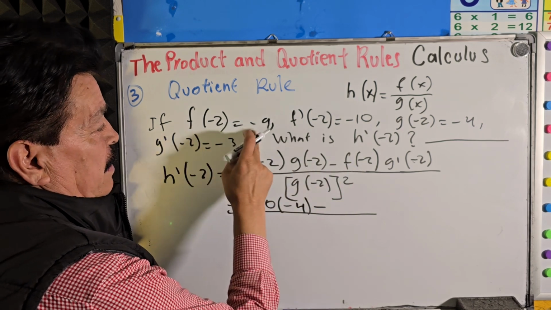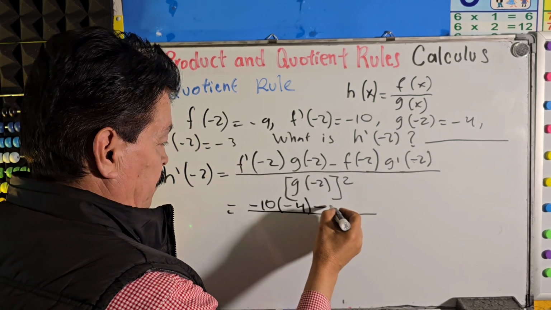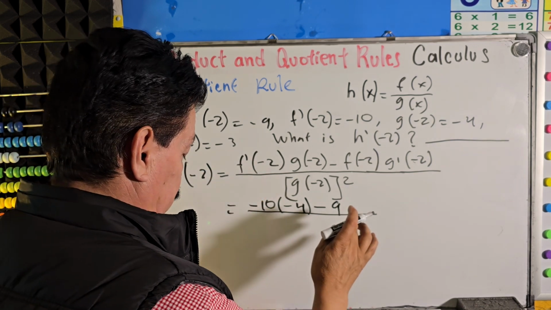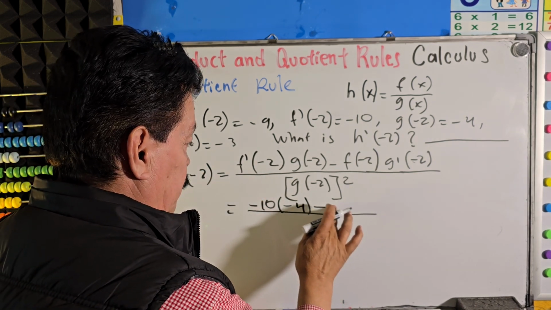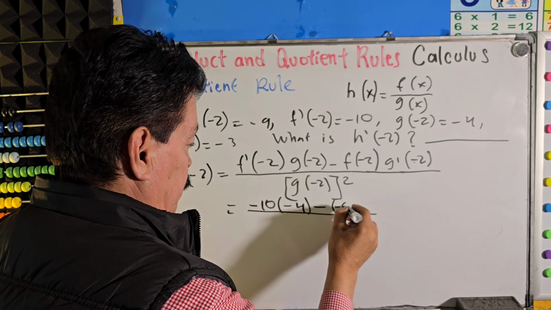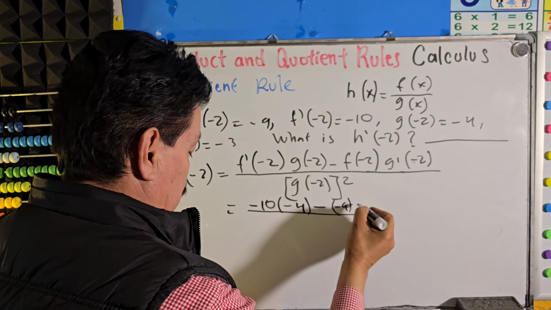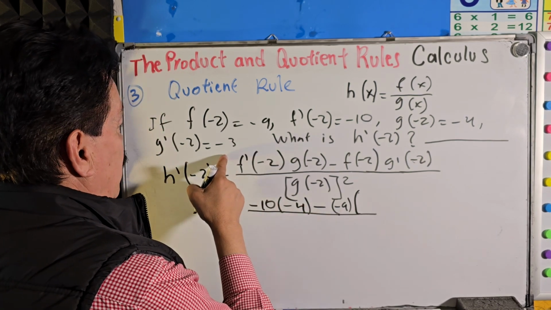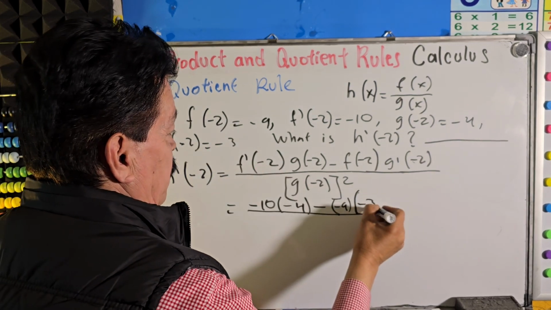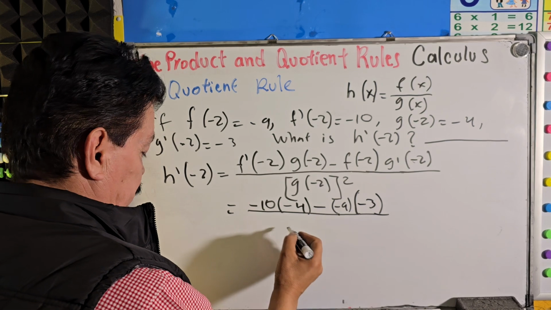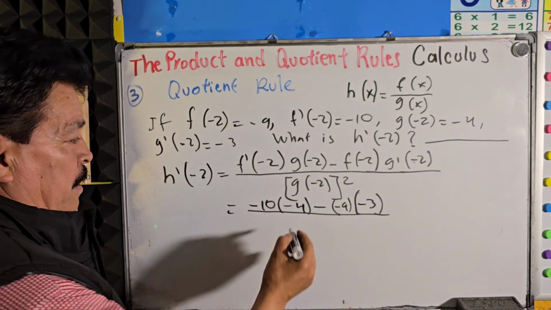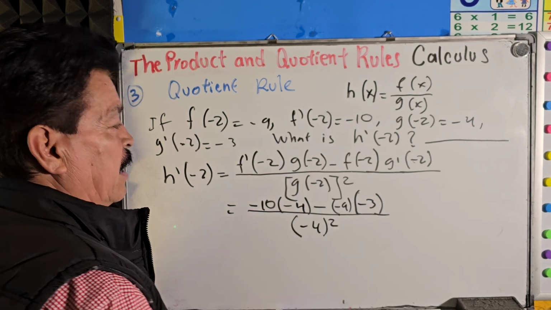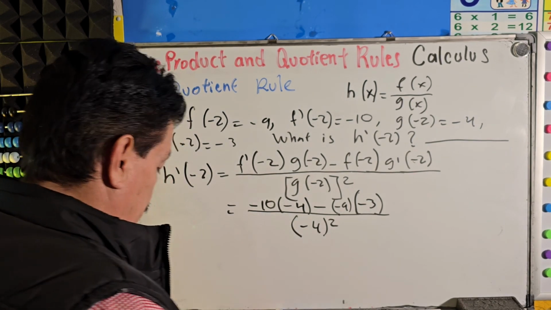So f right here equals -9. Let's write -9 minus times here we have -3, right? In the bottom, we will have -4, right? It's -4 to the second power, okay?